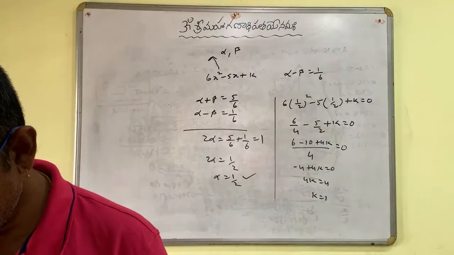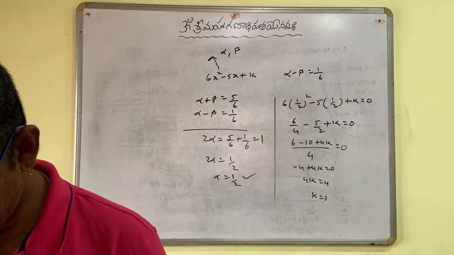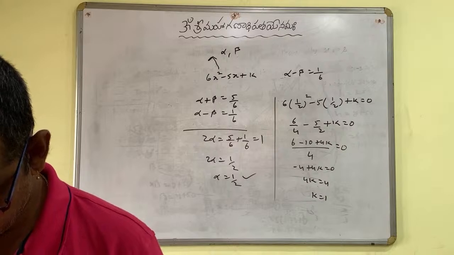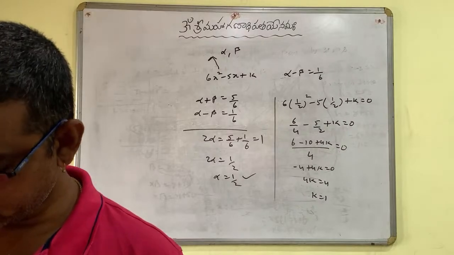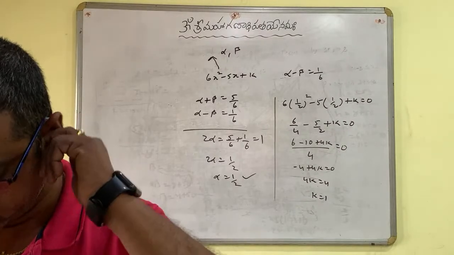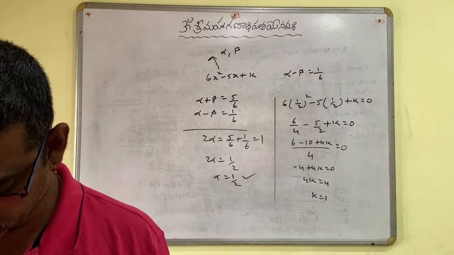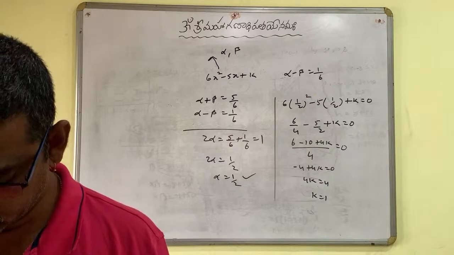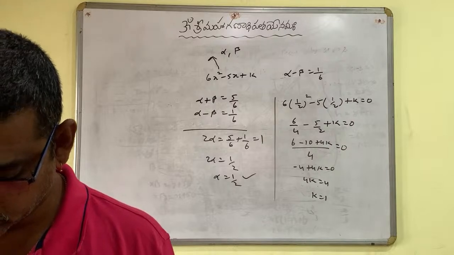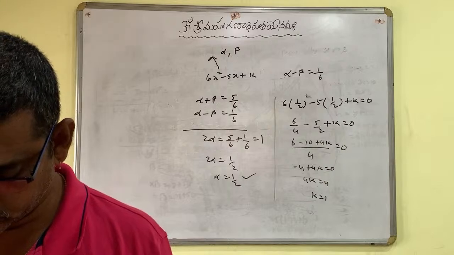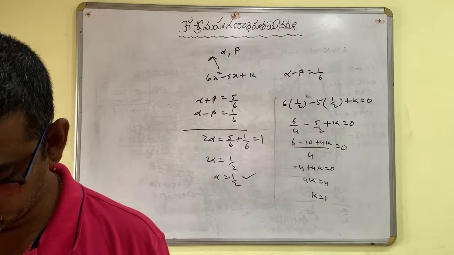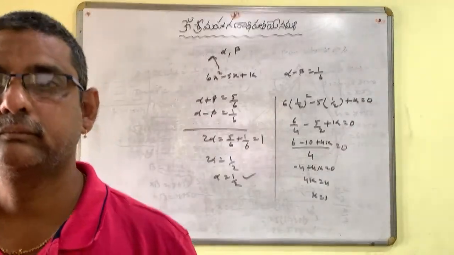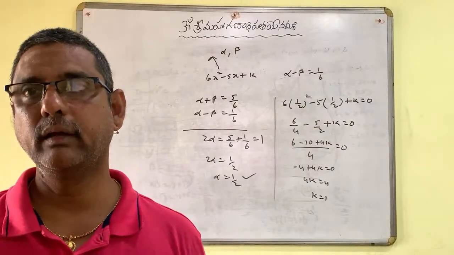What is the beta value? Beta is 1 by 3. Very good. Very good.